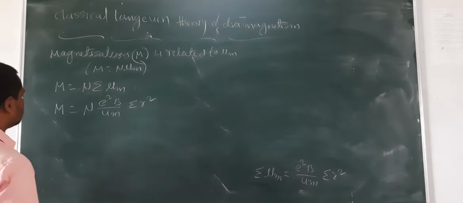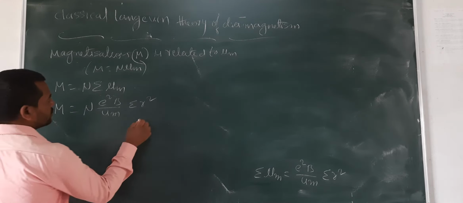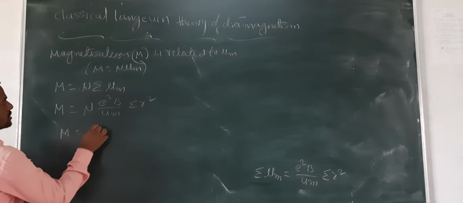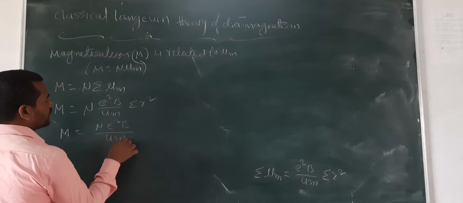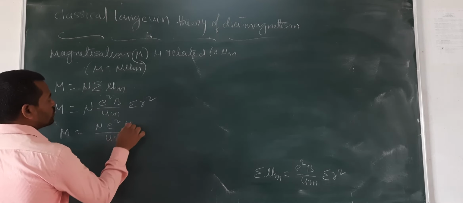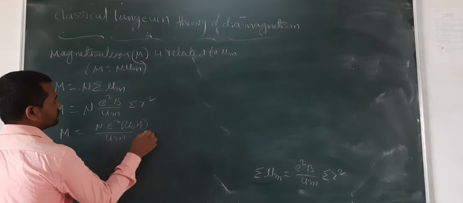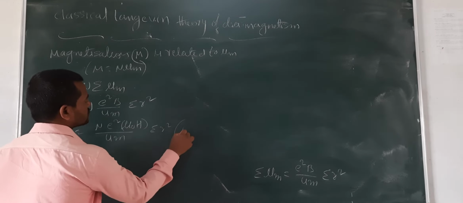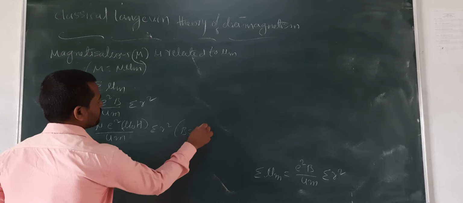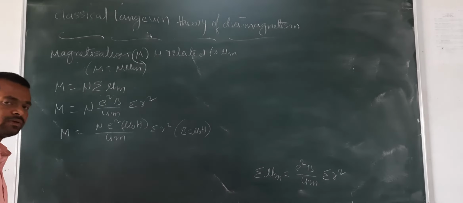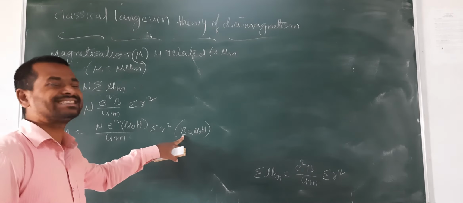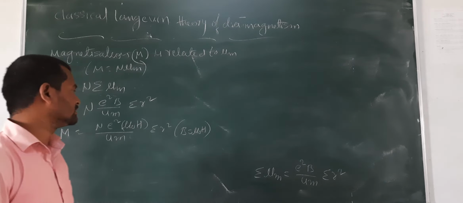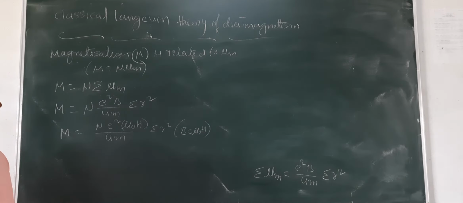And the B value is what you know: M is equal to n e square B by 4m. B value is mu naught into H, summation r square. Since B is equal, this is a relation between the applied magnetic field and the magnetic flux density. Okay.